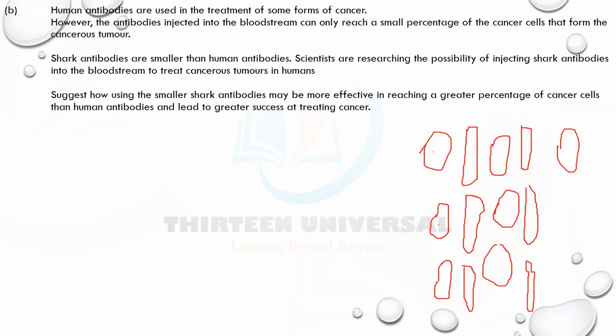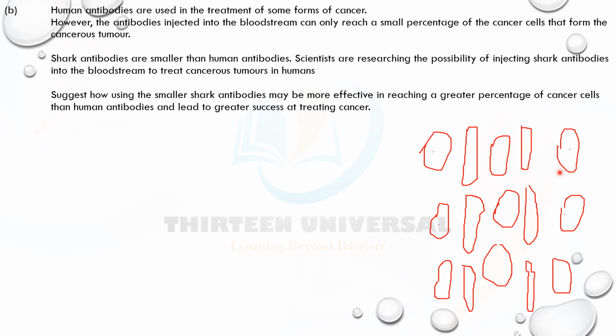So what's the advantage of using shark antibodies? One of the advantages is that if, for example, this is where the tumors are, and the shark antibodies are inside the capillary, red blood cells are here. Shark antibodies are small, so they can easily leave the capillary through the endothelial pores of the capillary wall into the interstitial space where the tumors are.